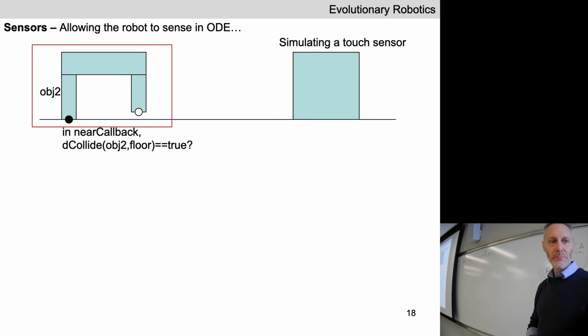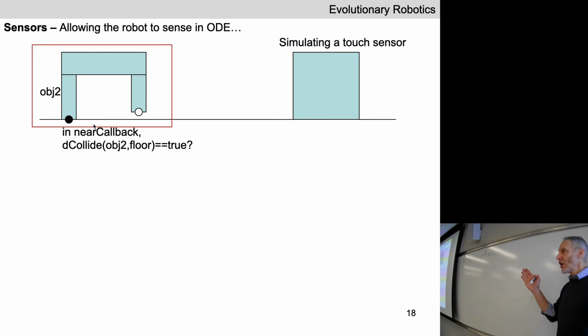Okay. All right. So coming back to now simulating robots inside our physical simulation. As I just mentioned, in PyroSim, if we want to simulate a touch sensor, for example, we can exploit code that's already being used. So in this case here, let's imagine we have a little 2D robot here that has a front leg, a torso, and a back leg. Let's assume the torso is object 1, back leg is object 2, and the front leg is object 3. 1, 2, 3.